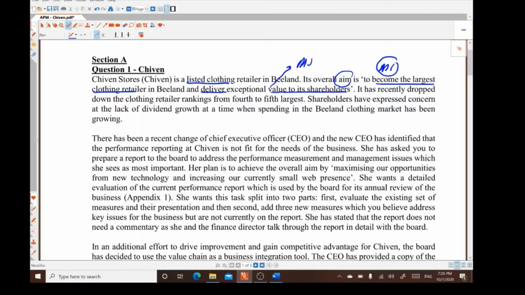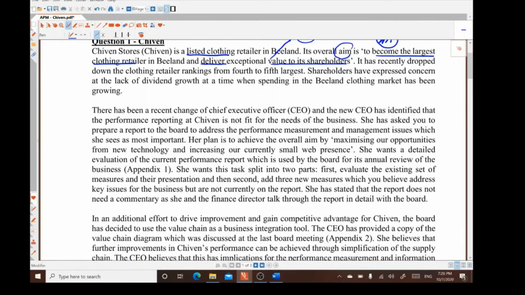And this will be M2, mission number 2. It says it has recently dropped down the clothing retailer rankings from the 4th to the 5th largest, and the shareholders have expressed concern at the lack of dividend growth at a time when spending in the Beeland clothing market has been growing. So that's the first paragraph.